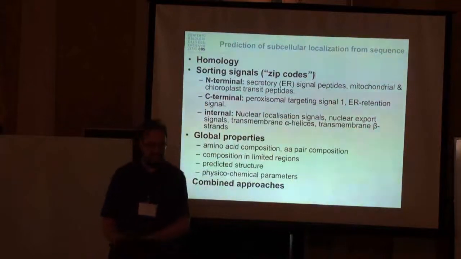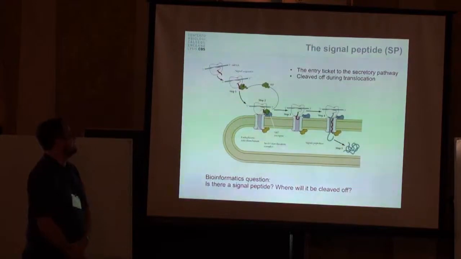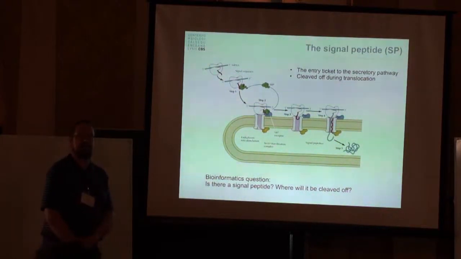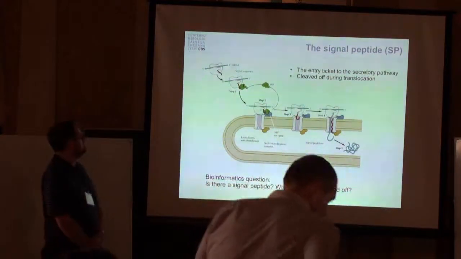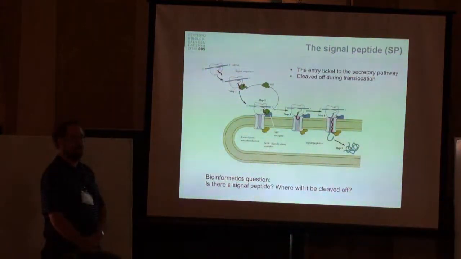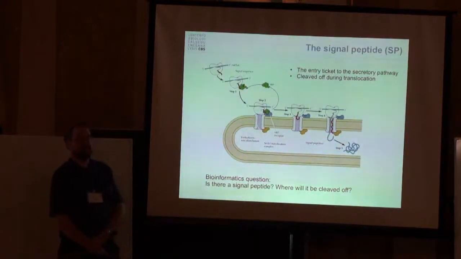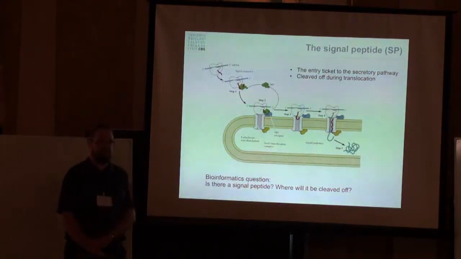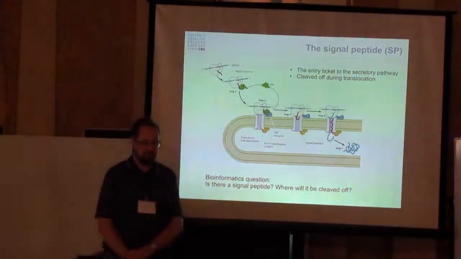Now, what are they? Very briefly, the signal peptide is the entry ticket to the secretory pathway. It's probably the best known sorting signal of all. And it's cleaved off during translocation. So the bioinformatics question here is, given the sequence, is there a signal peptide? And if so, where will it be cleaved off?